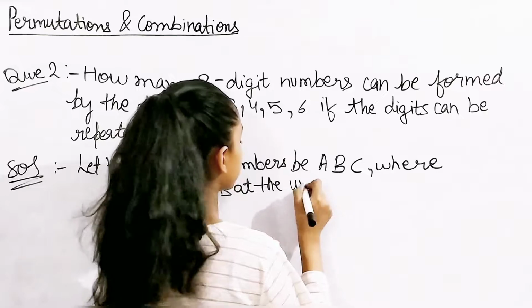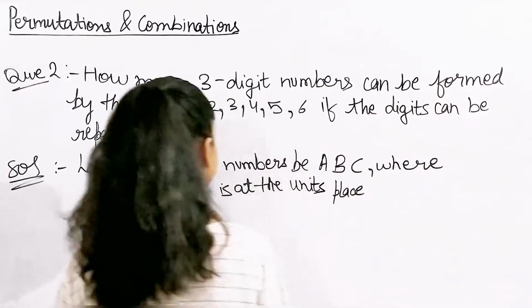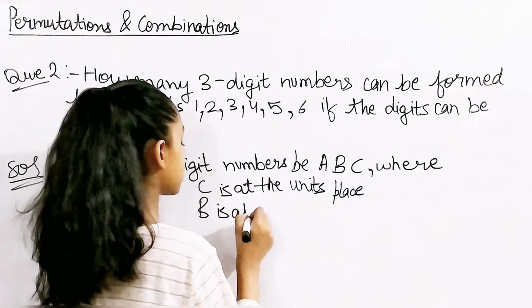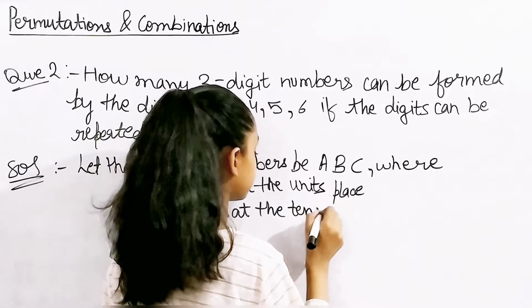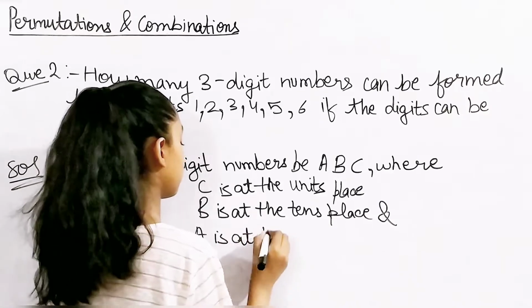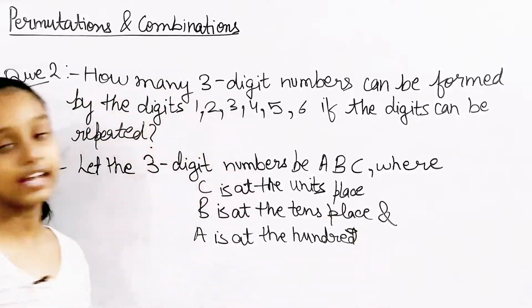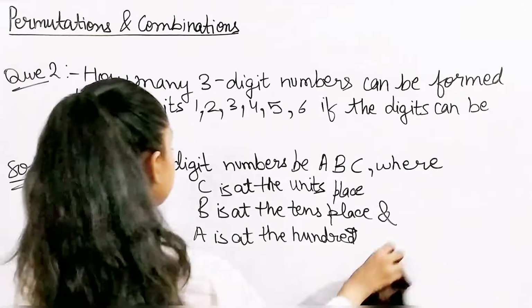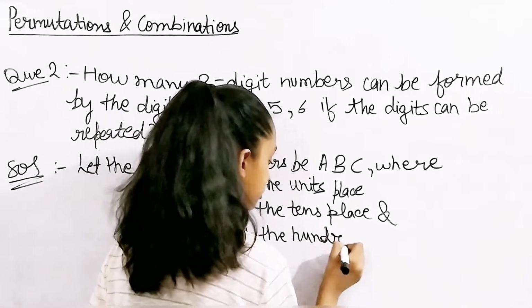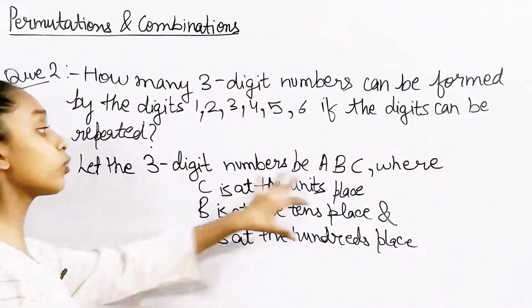So C is at the units place, B is at the tens place, and A is at the hundreds place. Okay, so I've taken 3 digits, right?